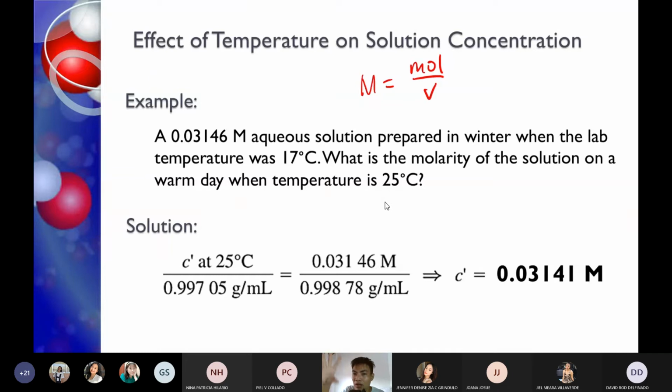Kasi nga tumaas yung temperature, no? Mas bumaba yung density. Ibig sabihin mas lumaki yung volume. So as an effect, mas bumaba yung molarity. Okay? So yan. So that's why we have to calibrate our instruments parati. Okay? So yun lang.